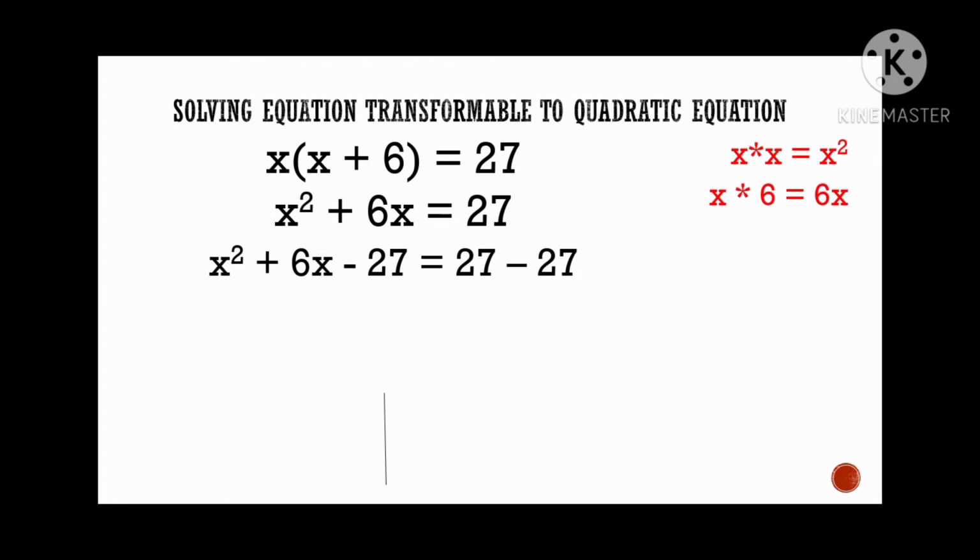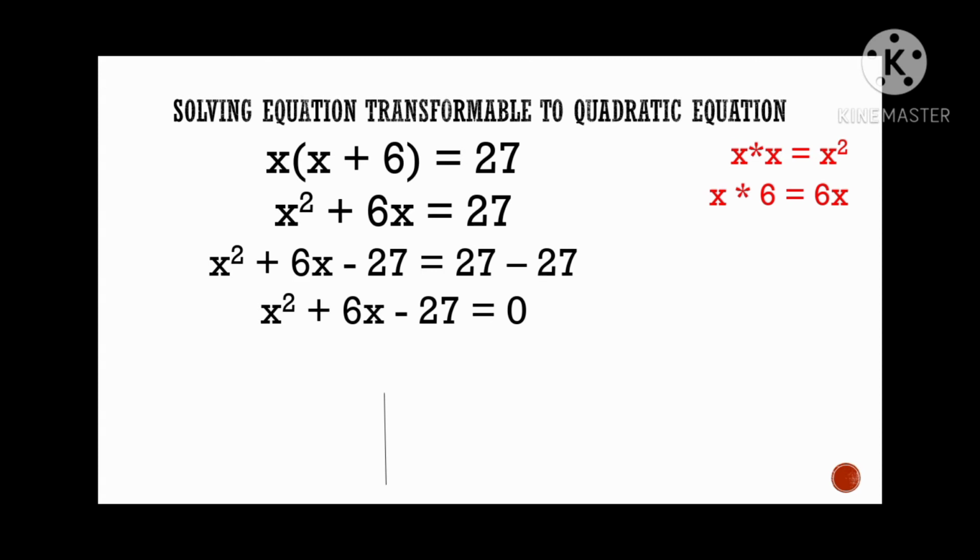So we have now x squared plus 6x minus 27 is equal to 27 minus 27. So syempre 27 minus 27 is 0. So we have now the equation x squared plus 6x minus 27 equal to 0.